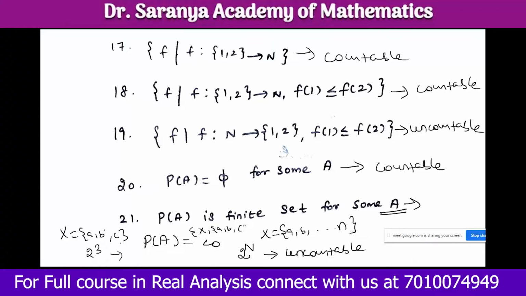N is a finite number, no? This is not an infinite number, right? Natural numbers 1, 2, 3, etc., up to n. So it is uncountable? For some sets it is countable, for some sets it is uncountable, so we can't predict that one. Correct? Yes or no?